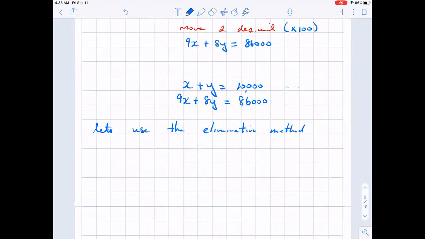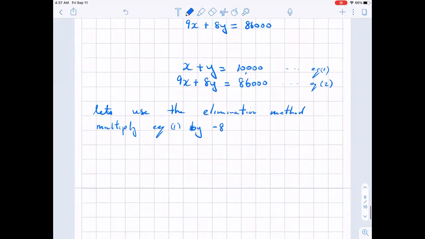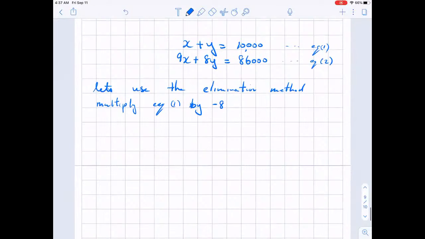So let's call this equation 1. Let's call this equation 2. So we'll multiply equation 1 by minus 8, or you could do minus 9 if you want to get rid of the x.